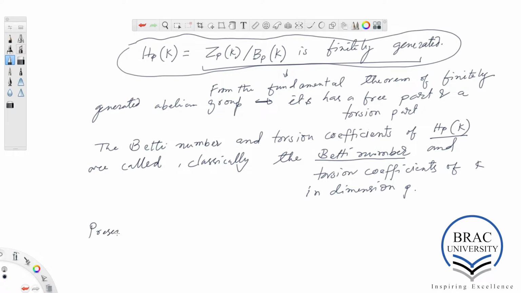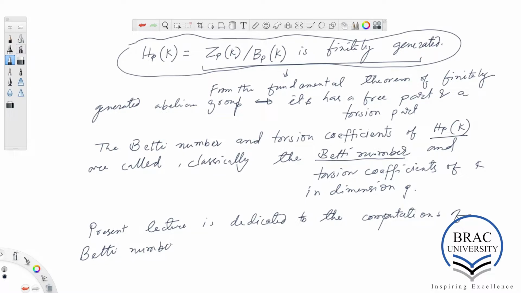The present lecture is dedicated to the computations of Betti numbers and torsion coefficients of compact surfaces.